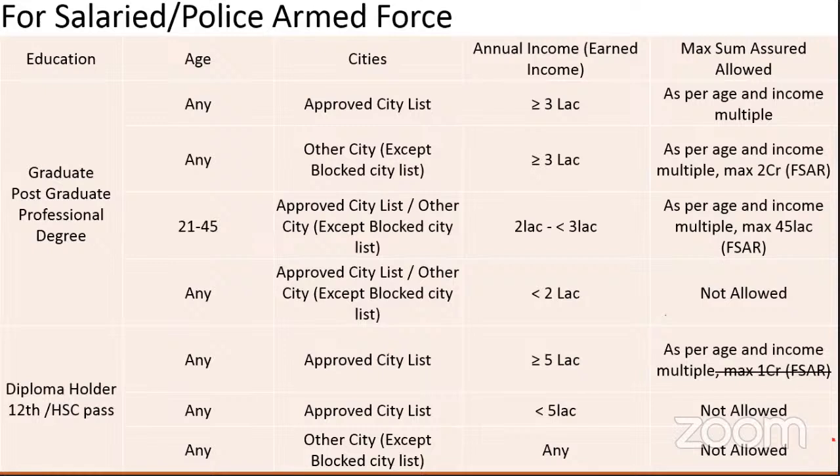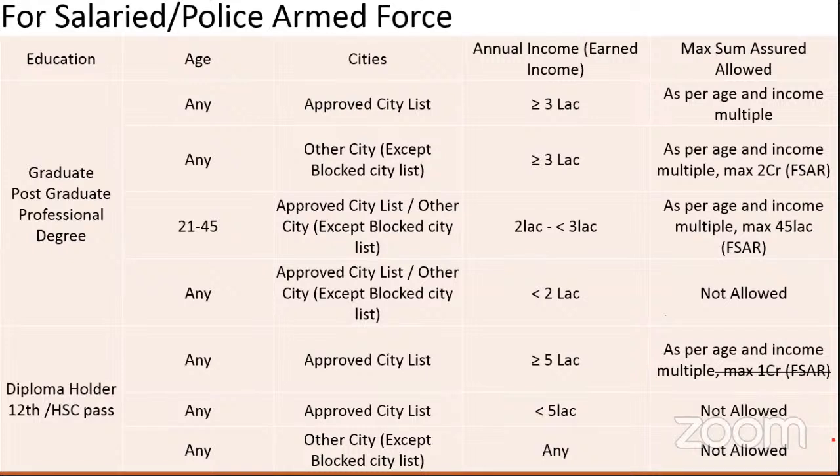So again, graduate, postgraduate, professional. If the person is between 21 to 45, annual income can be minimum 2 lakhs, and the maximum sum assured that can be given is 45 lakhs only.